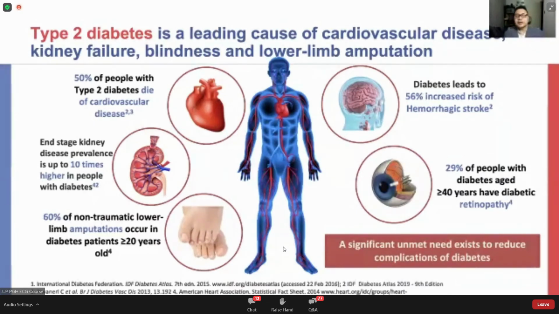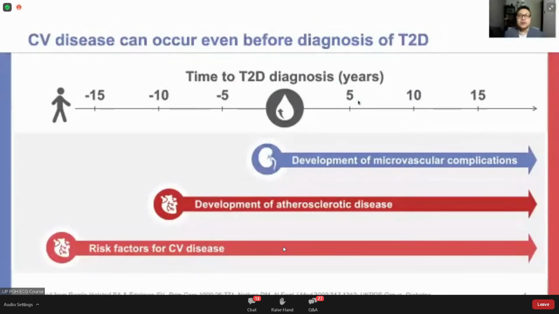Therefore, a significant unmet need exists to reduce complications of diabetes mellitus. But before we diagnose our patients as having diabetes, cardiovascular disease can often occur, as seen in the schema that 10 to 15 years prior to diagnosis, risk factors often appear and subclinical atherosclerotic disease often develops.